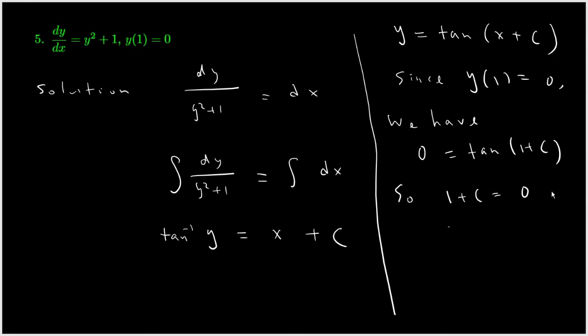So you have c value equals -1. So c value is -1, and then the solution to the initial value problem is given by y equals tan of x minus 1. That's the solution to the initial value problem.